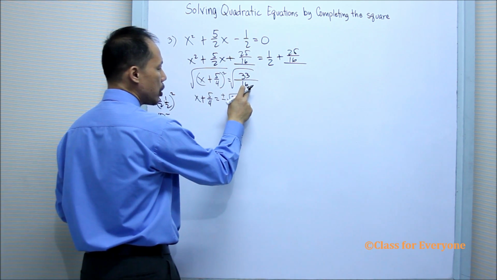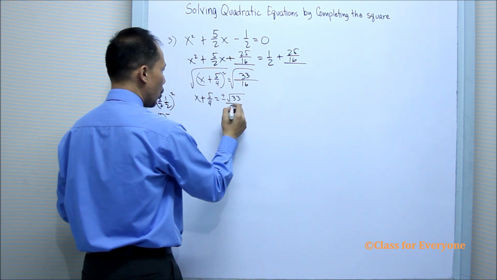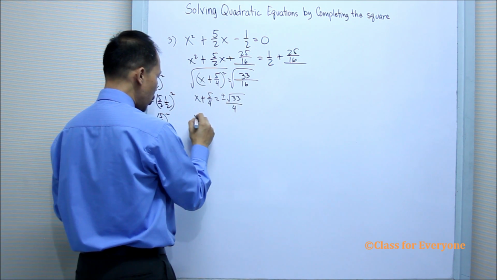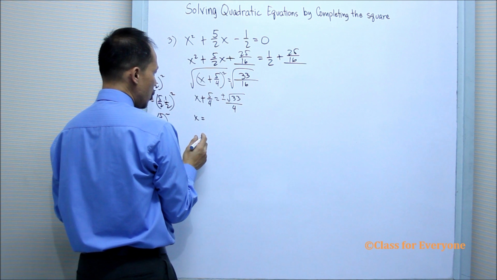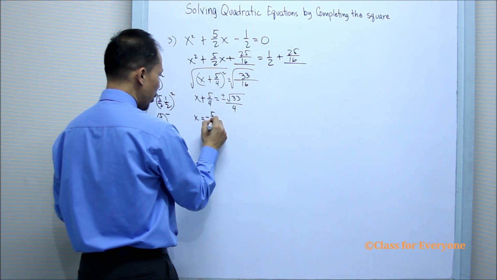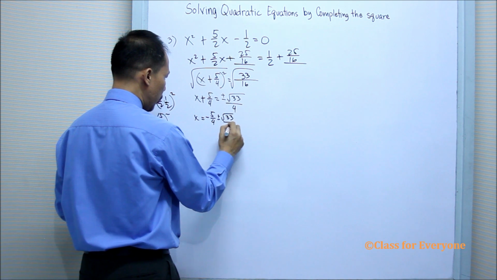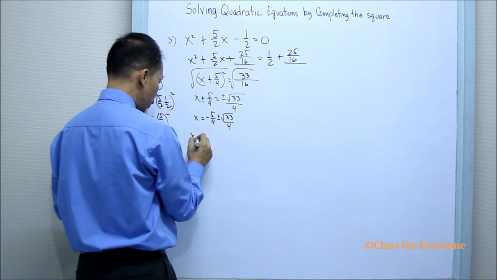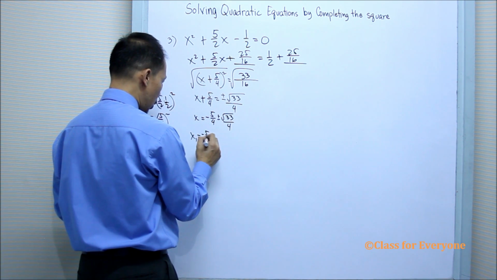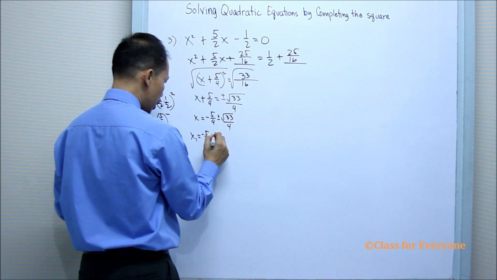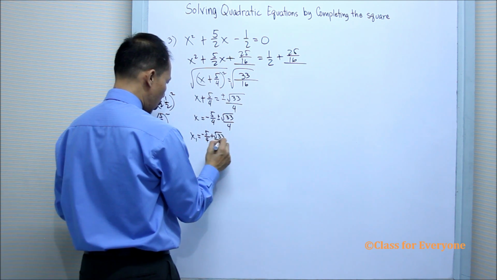But the denominator is a perfect square, 4. Since I'm looking for the value of x, it is equal to negative 5/4 plus or minus the square root of 33 over 4. So, the first root is negative 5 over 4 plus square root of 33 over 4.